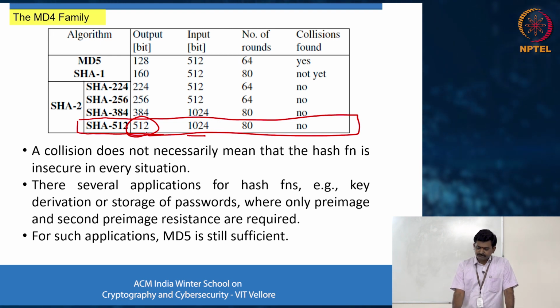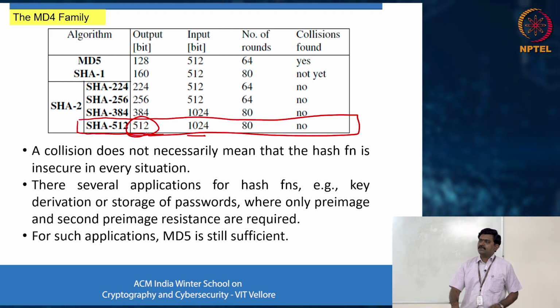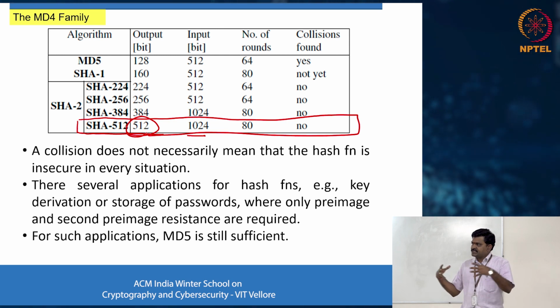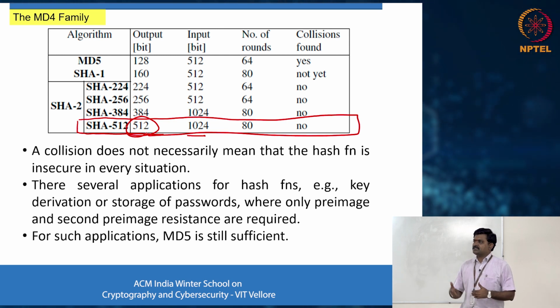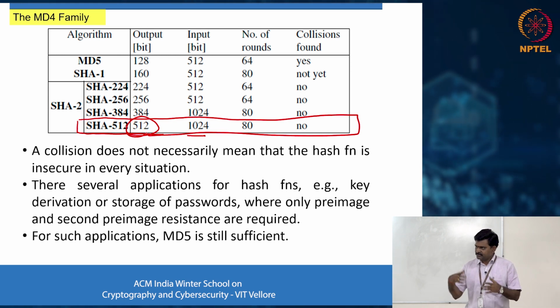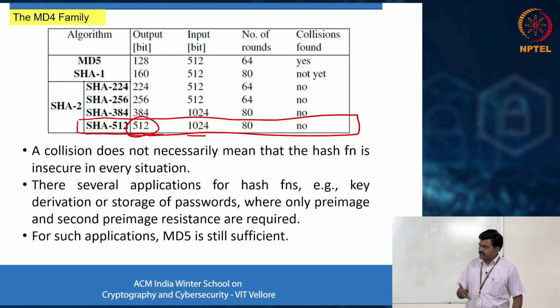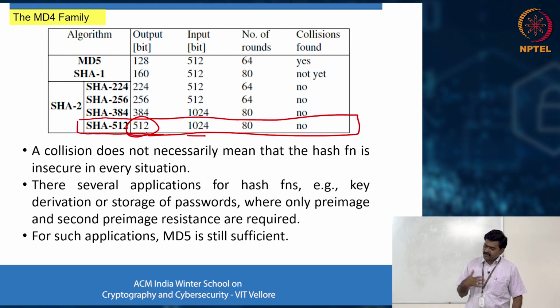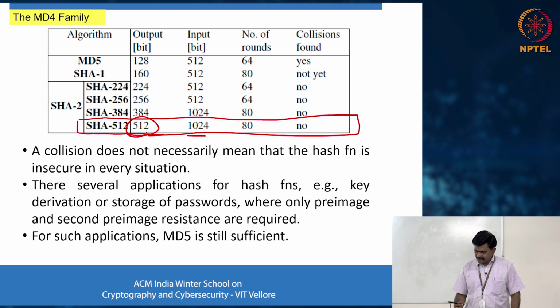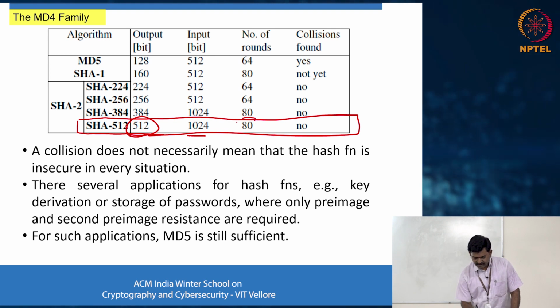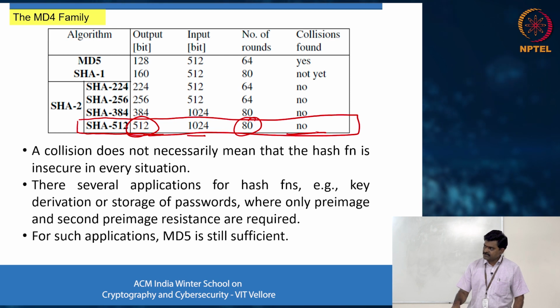And remember, in order to do this digest creation, it runs in multiple rounds of operations. Like you have seen multiple rounds in the case of DES and in the case of AES. In a similar way, there are 80 rounds of operations. Okay, there are no collisions.